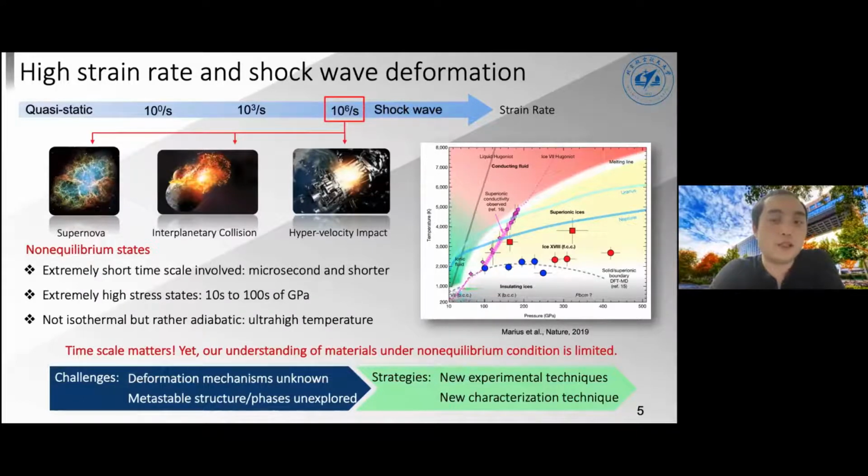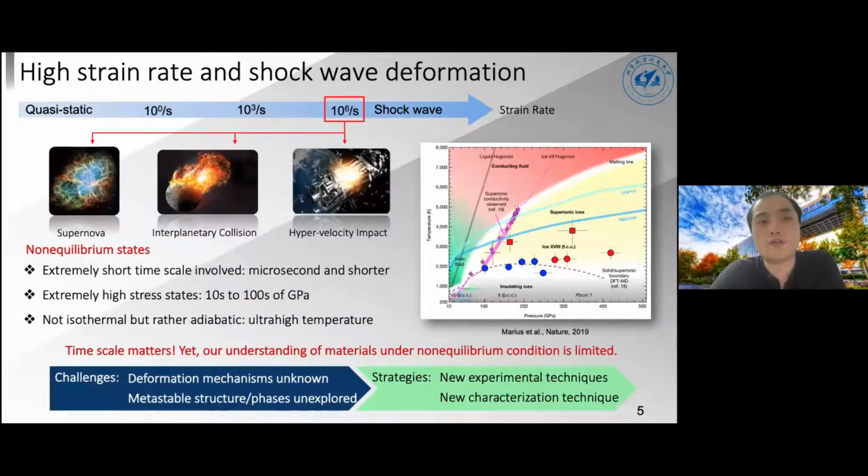Normally, when we talk about deformation, we refer to deformation in quasi-static conditions, where all the atoms in the deformed body sort of feel the load simultaneously. But this assumption becomes less and less valid if we increase the strain rate, because at that time, we start to create a stress wave. A stress wave is an acoustic wave that travels with sound speed.